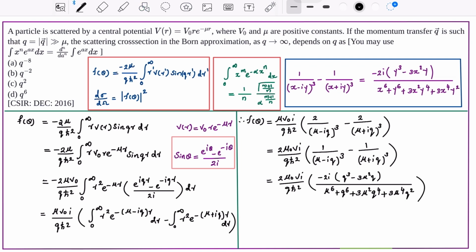This is the result you get if you evaluate 1 by mu minus iq whole cube minus 1 by mu plus iq whole cube. This is the expression for f of theta.